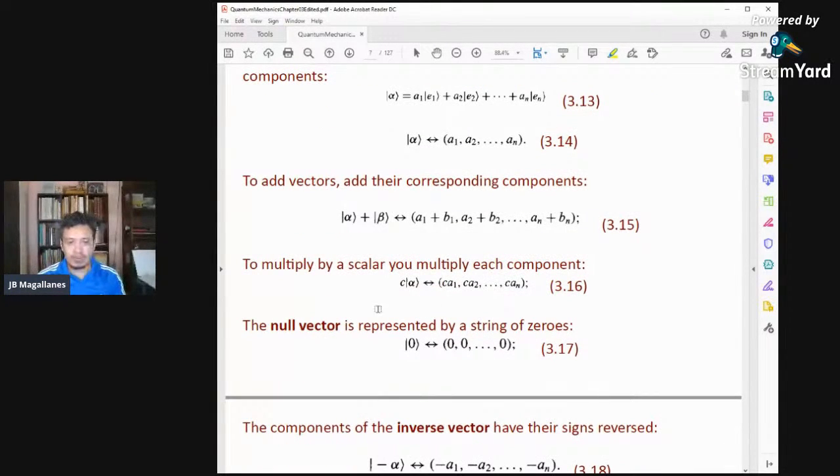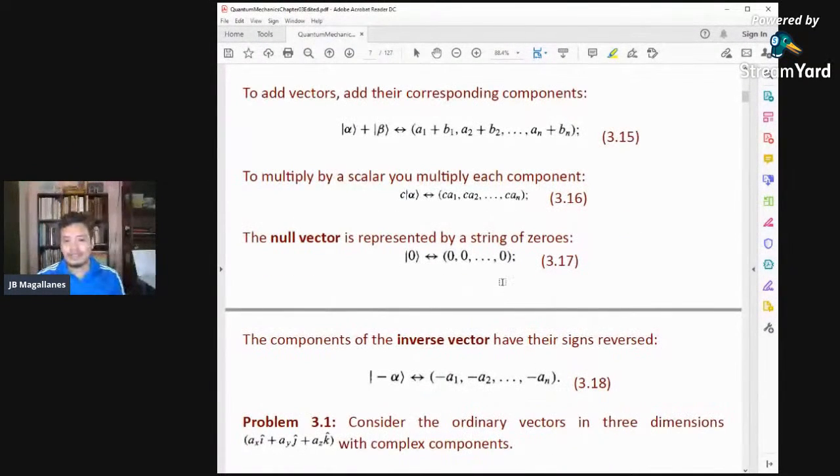And if you multiply by a scalar, just multiply each component by that scalar. This scalar C is again, in general, complex. So C times alpha: all the components have to be multiplied by C.